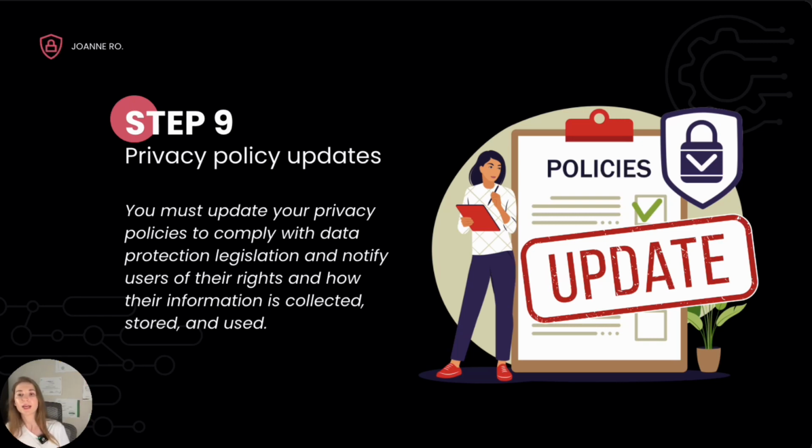You must regularly update your privacy policies to comply with data protection legislation and notify users of their rights, and how this information is collected, stored, and used if you make some changes to these operations. So whenever you make any changes in your business practices or privacy practices, be sure that your users stay updated on all these changes.